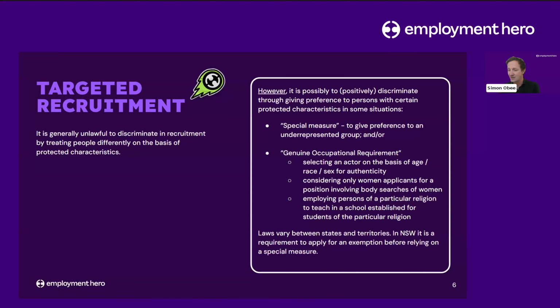Okay, sticking with the discrimination law and what that means in the employment context. As I've said, it is generally unlawful to discriminate in recruitment by treating people differently on the basis of protected characteristics, but the law does allow for preferential treatment, different treatment in a couple of different circumstances.